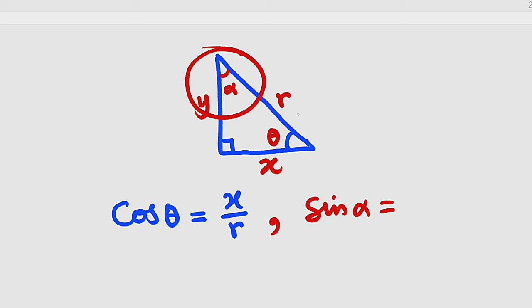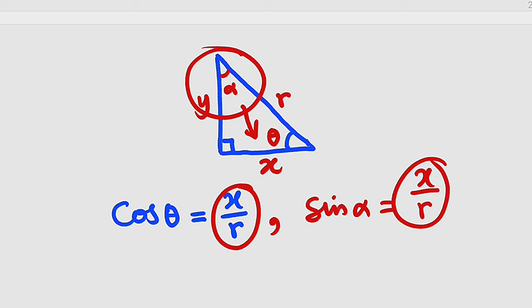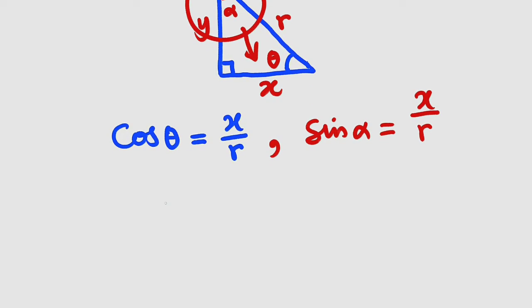The side directly opposite that angle is x, and the hypotenuse is always r. So just observe, x divided by r, x divided by r, which implies that cosine of theta is equal to sine of alpha.